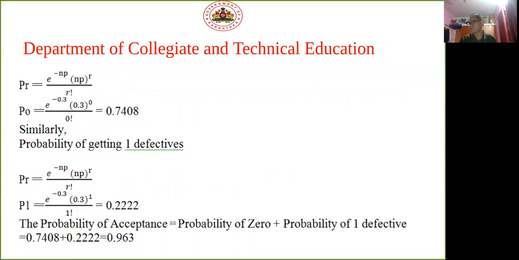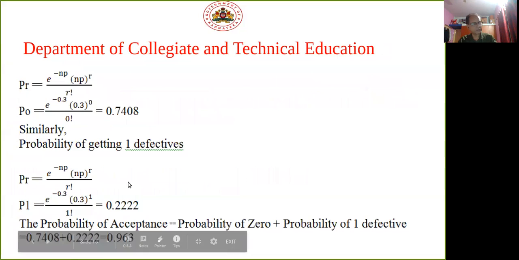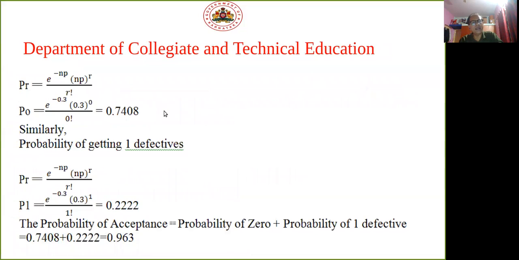So that's how we can calculate the probability of acceptance. Here I have completed the third session. Thank you very much.